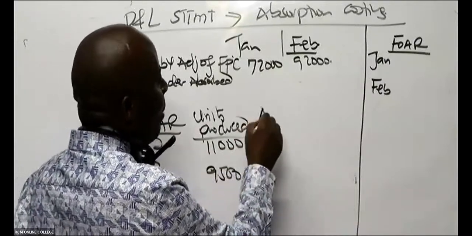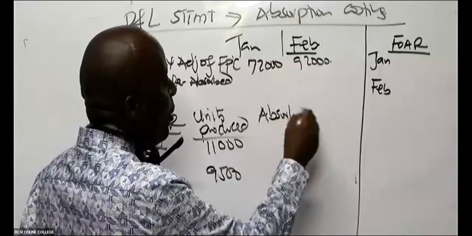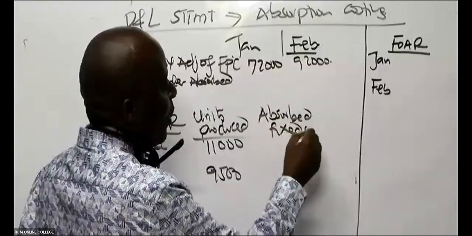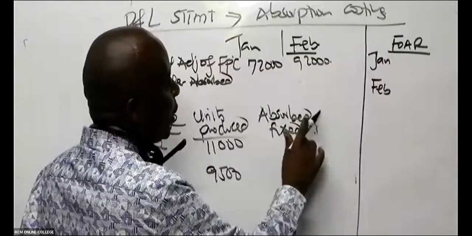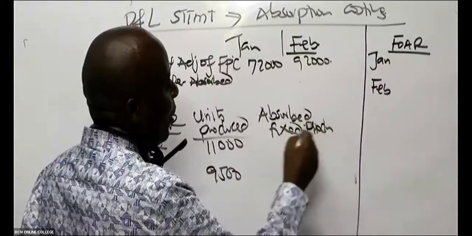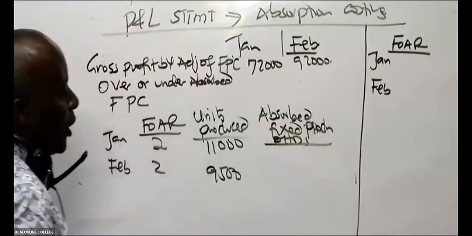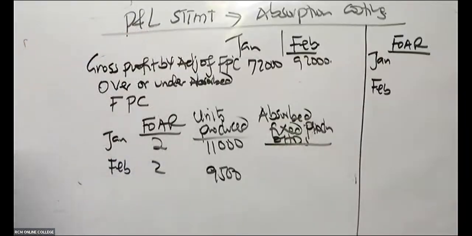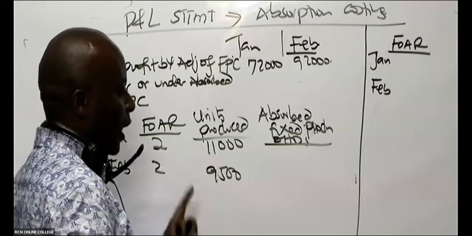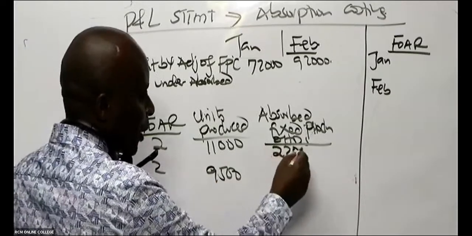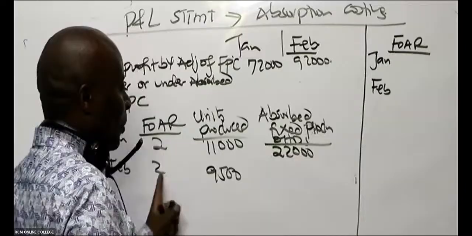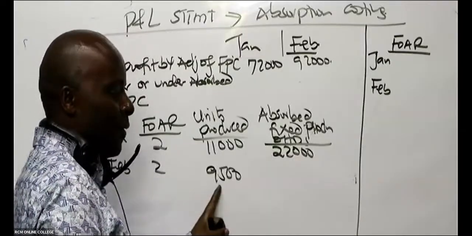So then give me the absorbed fixed production overheads. In this case, it will be 2 times 11,000, which is 22,000. Then 2 times 9,500?